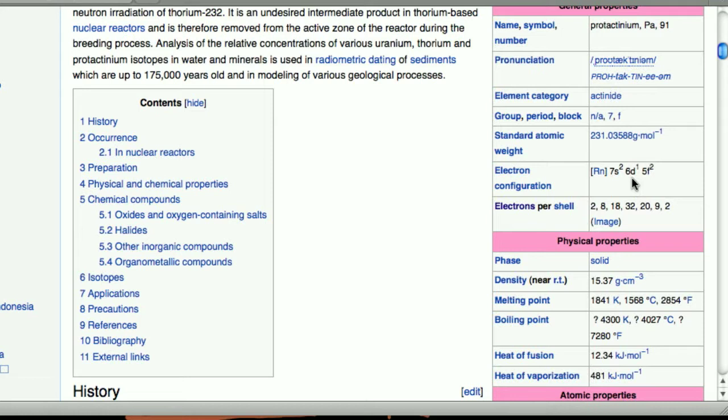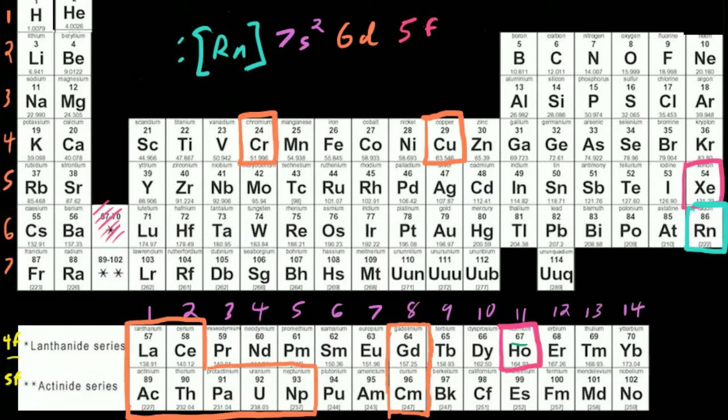Electrons are still going into our 6d orbital before they're willing to fill up our 5f orbital. So because of that, this element Pa is going to be an exception.